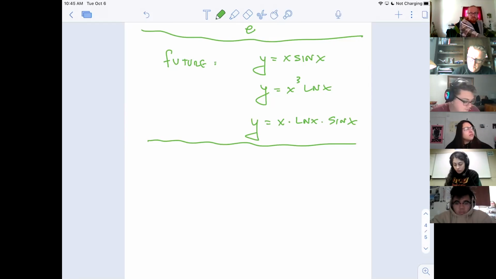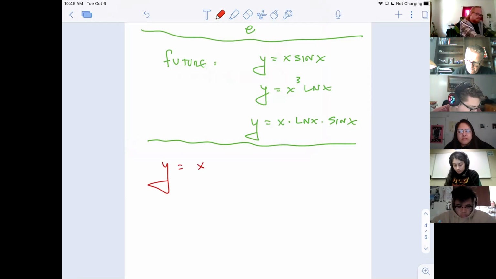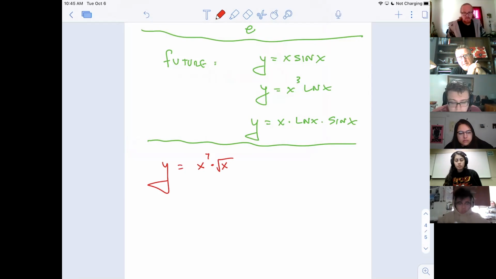So maybe just to do one more quickly, why don't you try this one really quick. Would you agree you could multiply that out if you wanted to? Because that's really x to the 7th times x to the 1/2.